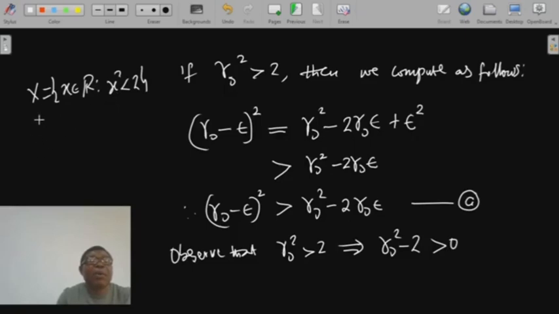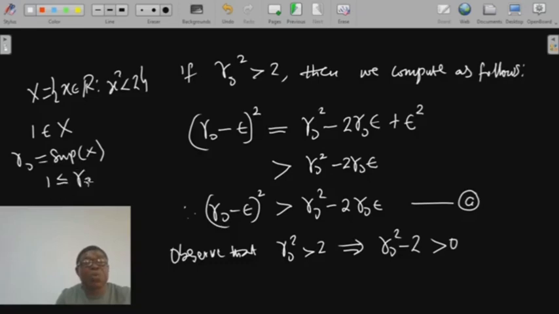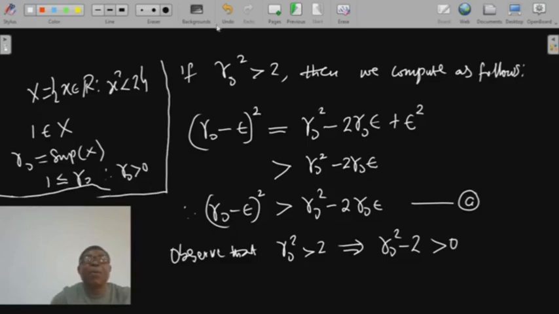Remember that we were able to see that this set is not empty, and we had that 1, for instance, belongs to x. And since 1 belongs to x, and we have that gamma naught is equal to the supremum of x, then this means that 1 is less than or equal to gamma naught, because gamma naught is an upper bound. And since 1 is less than gamma naught, it means therefore that gamma naught is bigger than 0.